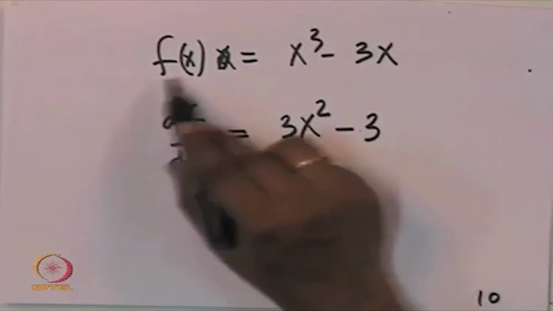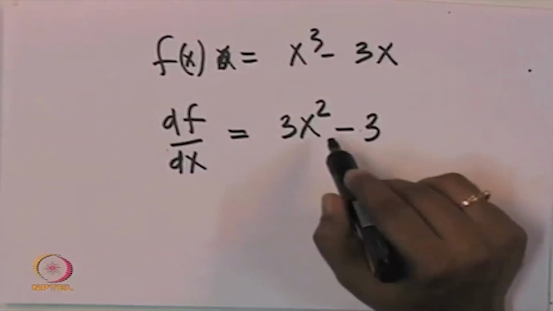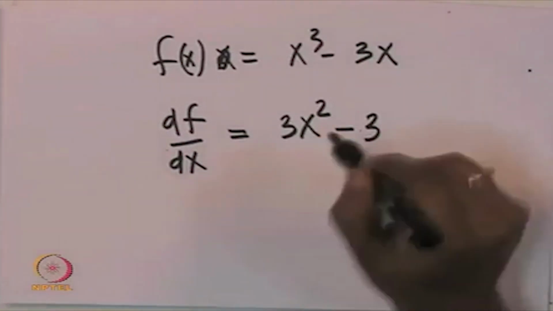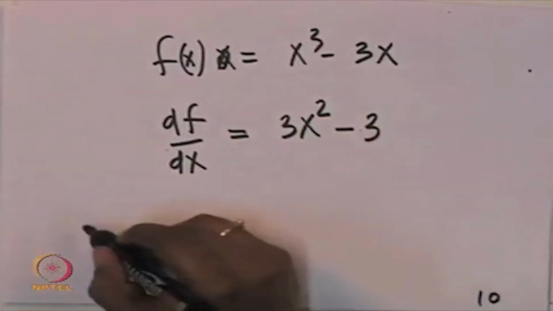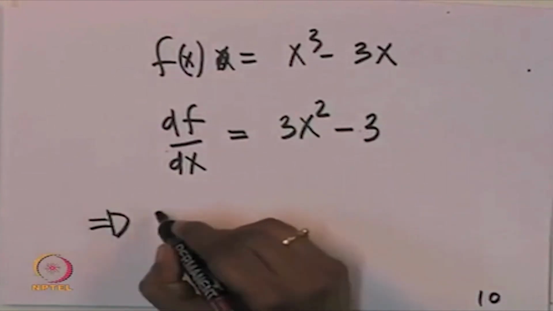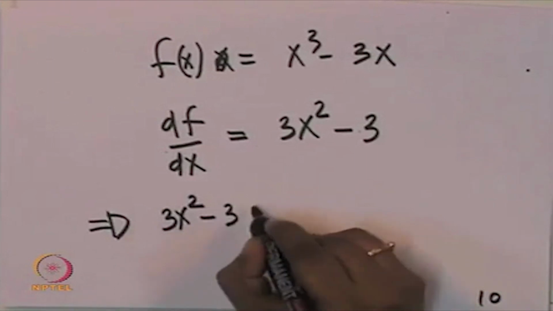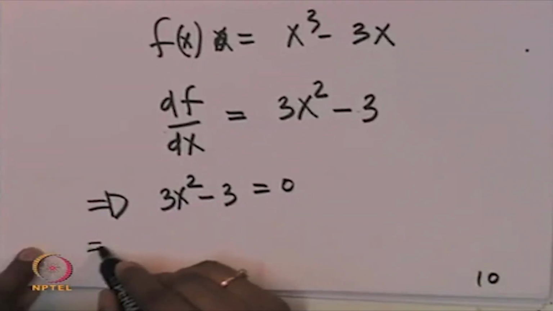So, the derivative of this function is 3x square minus 3, and we want to find out where 3x square minus 3 is equal to 0, the values of x at which this derivative is 0. What does this mean?